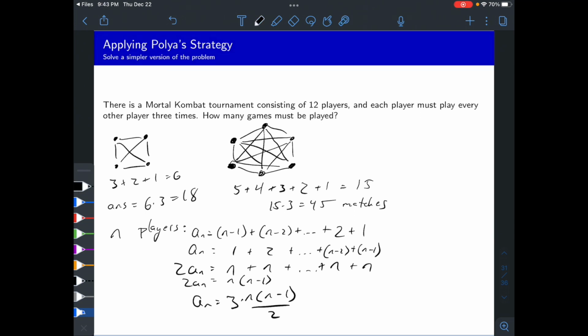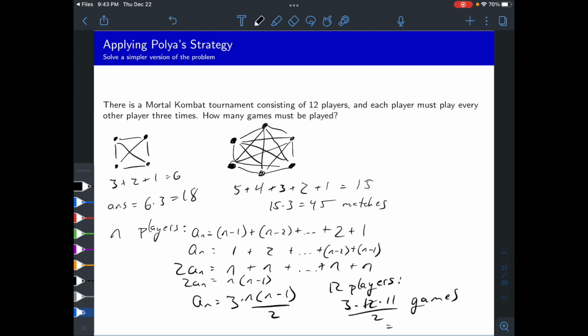So then for 12 players, there would be 3 times 12 times 12 minus 1, which is 11, all over 2. So this many games. What is that equal to? Okay, so 3 times 12 times 11.